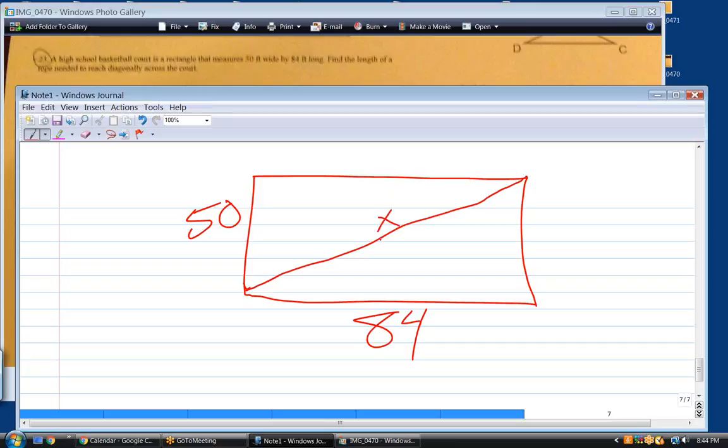It's the measurement of x. How do you figure x? Would you do 84 plus 50 divided by 2? No. It's a right triangle. We need to use the Pythagorean Theorem.